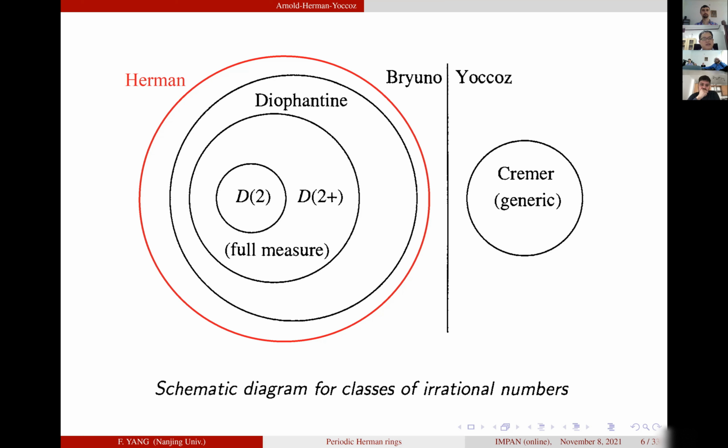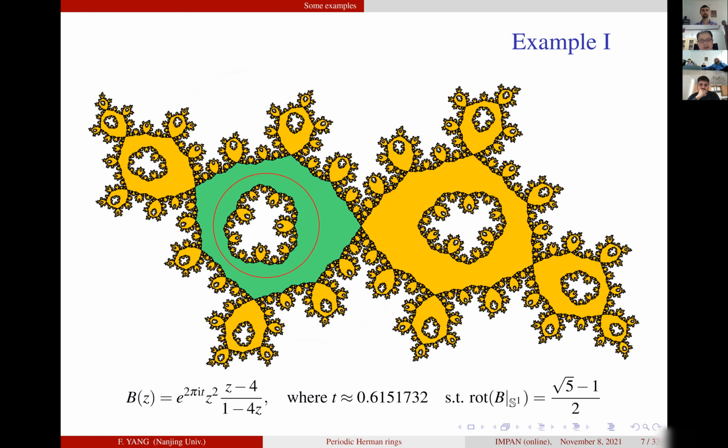Okay, and now we can see some pictures of Herman rings. This is the cubic Blaschke product. This example is very classical, and we can see it in Milnor's book. The t is chosen such that the rotation number on the unit circle equals the golden mean. We know the golden mean is of bounded type, and of course it is a Diophantine number, and of course it is a Herman number.